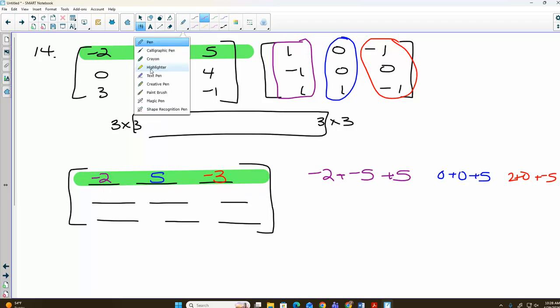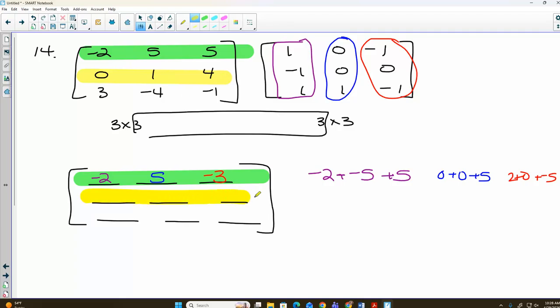So to get the second row, we use the second row of that first matrix times each of the columns. So 0 times 1 is 0. 1 times negative 1 is negative 1. 4 times 1 is 4.